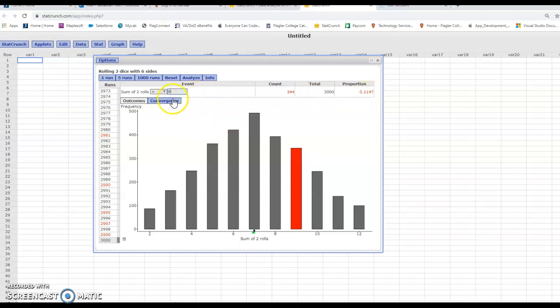For 10, I got 0.082. For 11, I got 0.0467. And for 12, 0.0333.